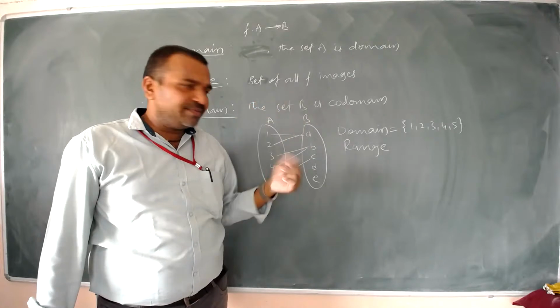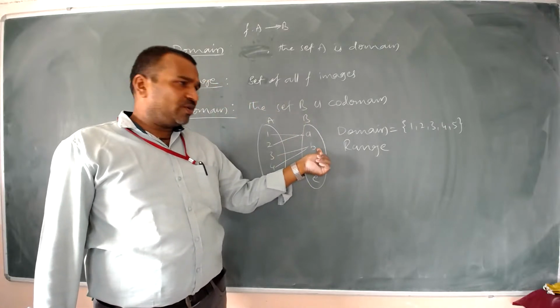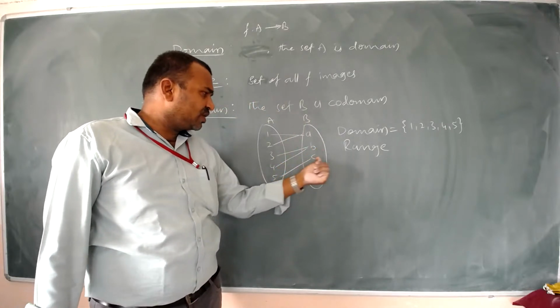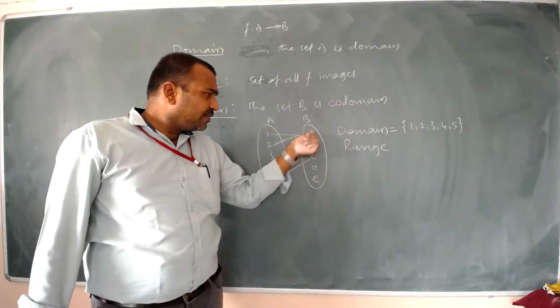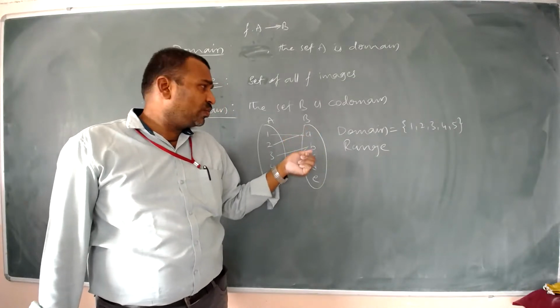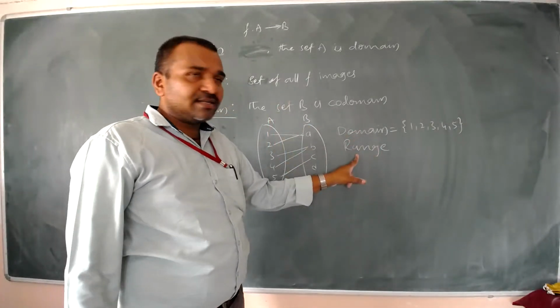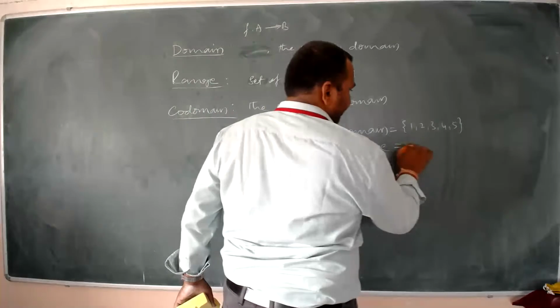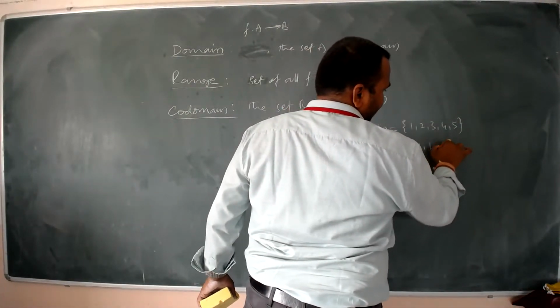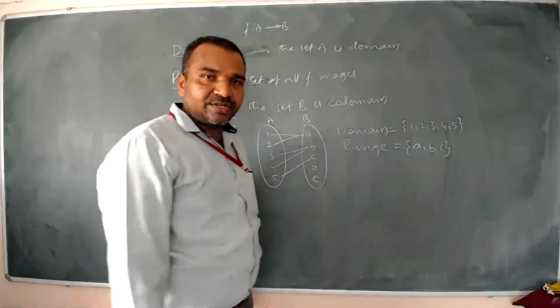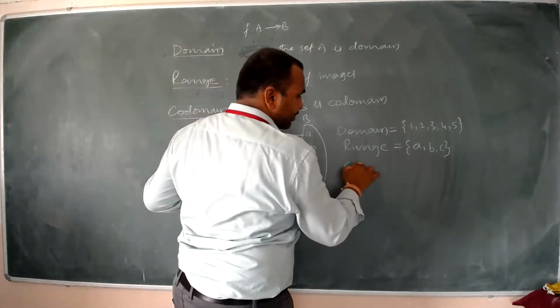B is also an image, because B is the image of 3 and B is the image of 4. C is also an image. So these three elements are images. We write these three elements in the form of a set, and that set is called the range: A, B, C.